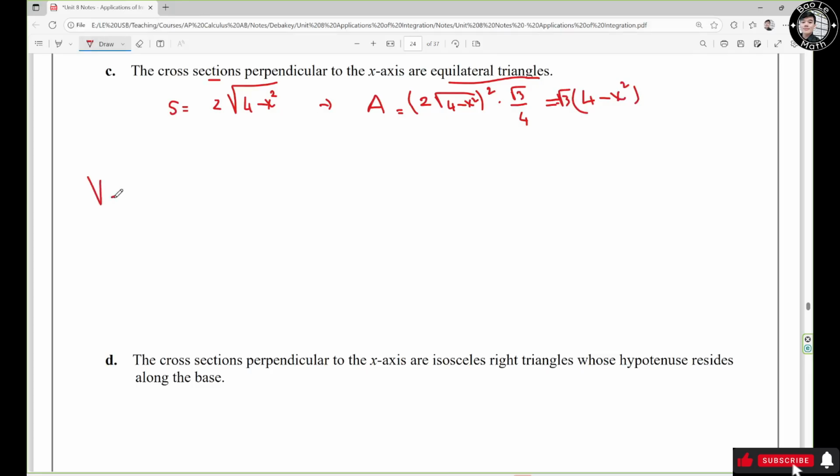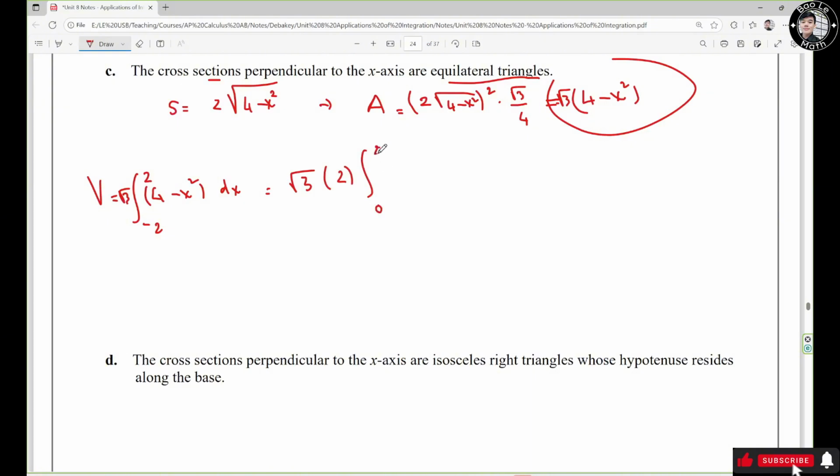The volume is the integral from -2 to 2 of this guy right here, right? So I put root 3 in the front times 4 minus s squared ds, right? Again, since this one is symmetric about the y-axis, it will be root 3 times 2, the integral from 0 to 2 of 4 minus s squared ds, right?